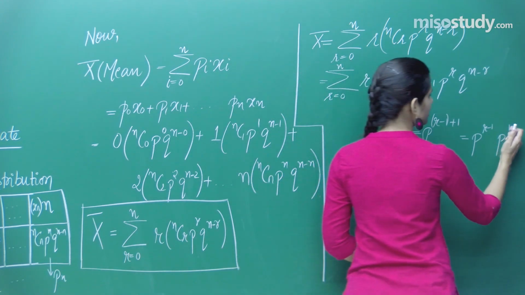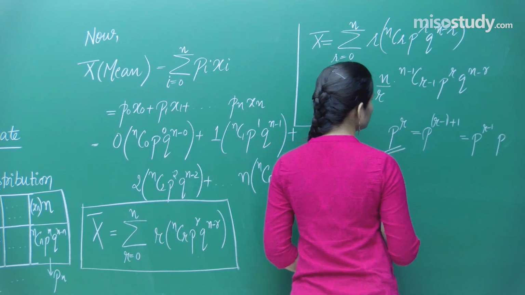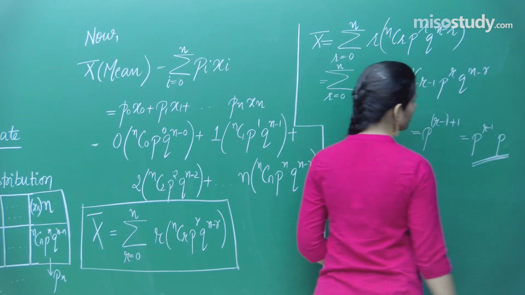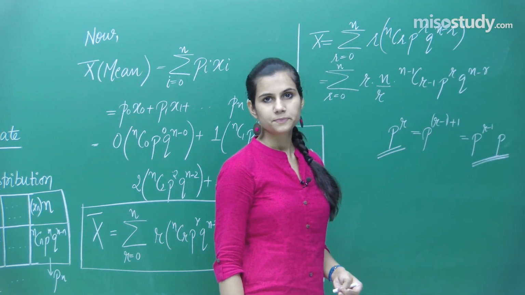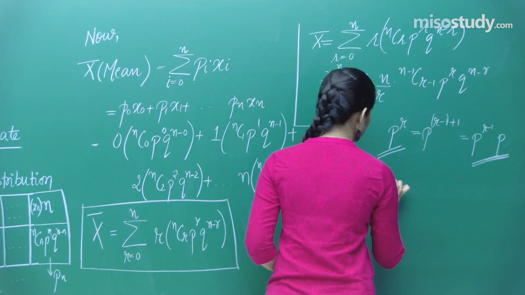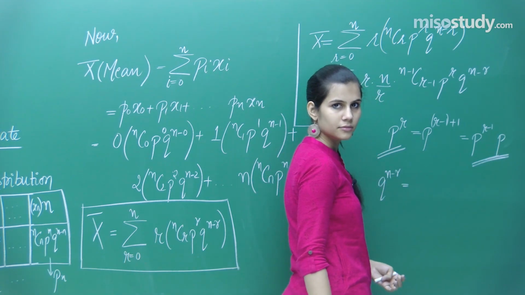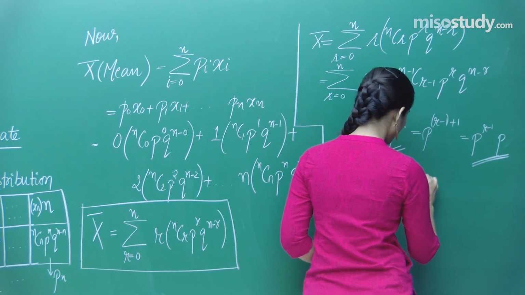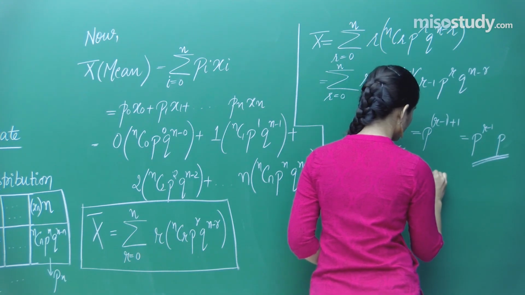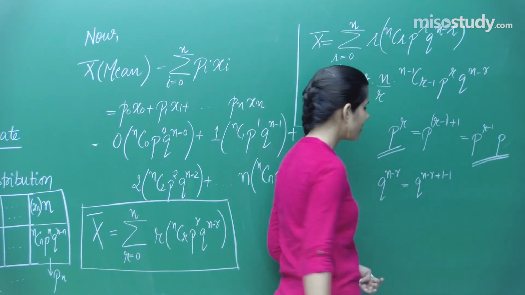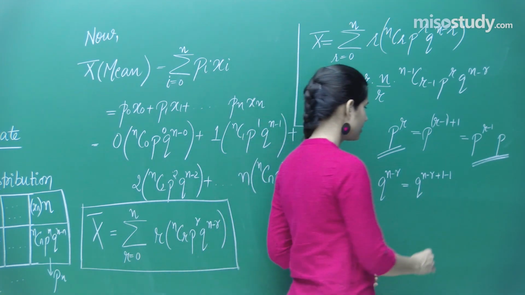So this is what I get. So that means I can write p to the power r as p to the power r minus 1 into p. Let's talk about q. q to the power n minus r. Right. Can I write it as n minus r plus 1 minus 1?